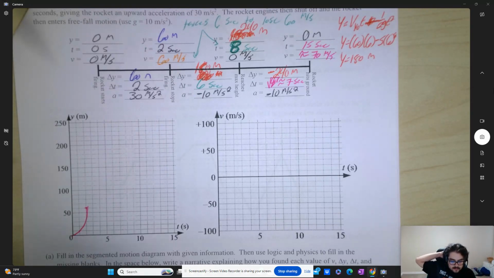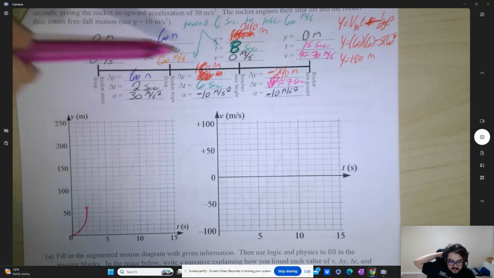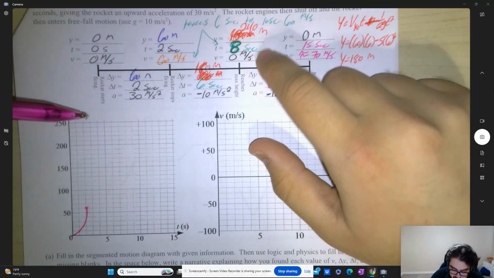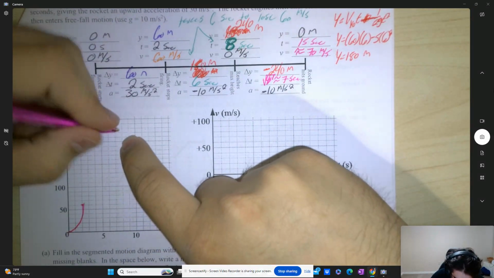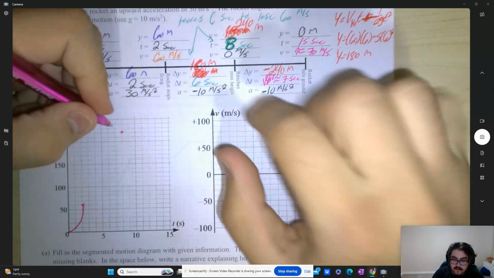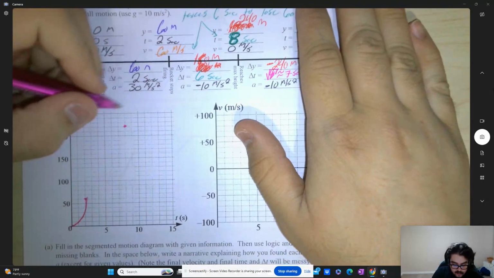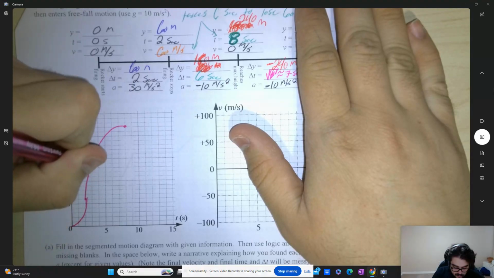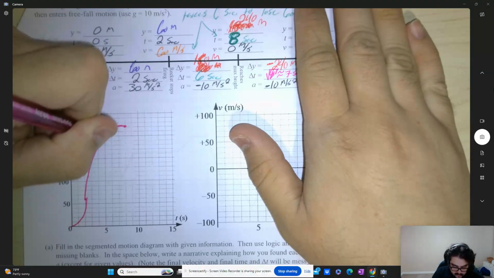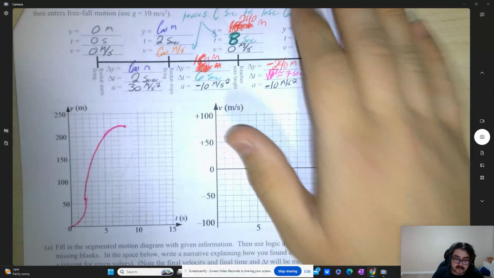So let's see. This is position versus time, so it increases to 60. Now we're going from 60 to 240, 240 at 8 seconds. And this whole part, because it's accelerating downward, will be concave down. So it's going to look kind of something like this. It's pretty good for not having a ruler or anything.